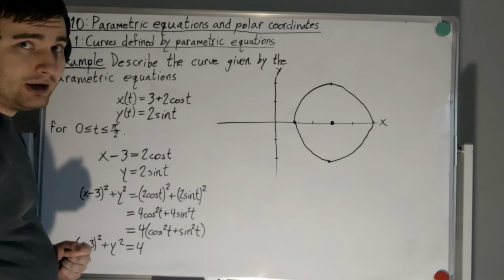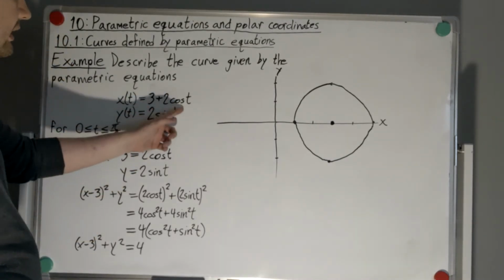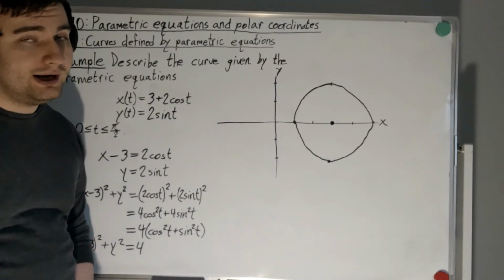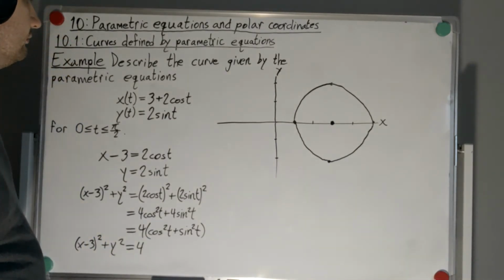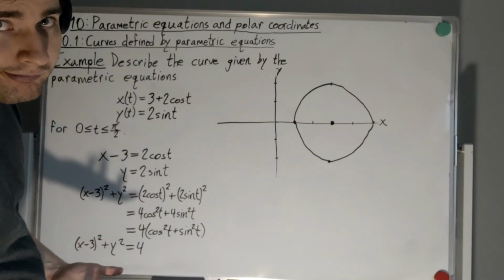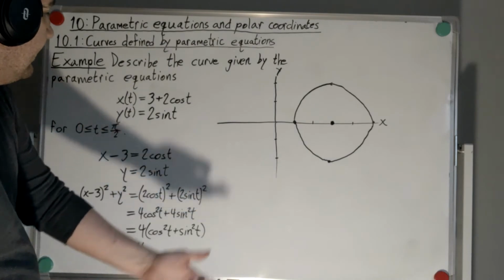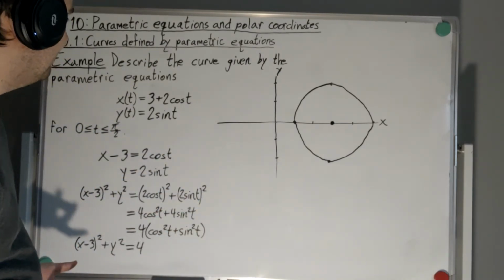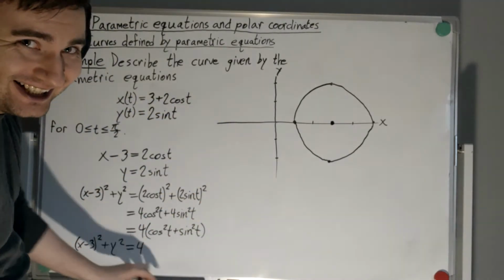Now, if t is bounded between 0 and pi over 2, that means that cosine t is at most 1 and at least 0. If cosine t is at most 1 and at least 0, then that means that x is at most 5 and at least 3.